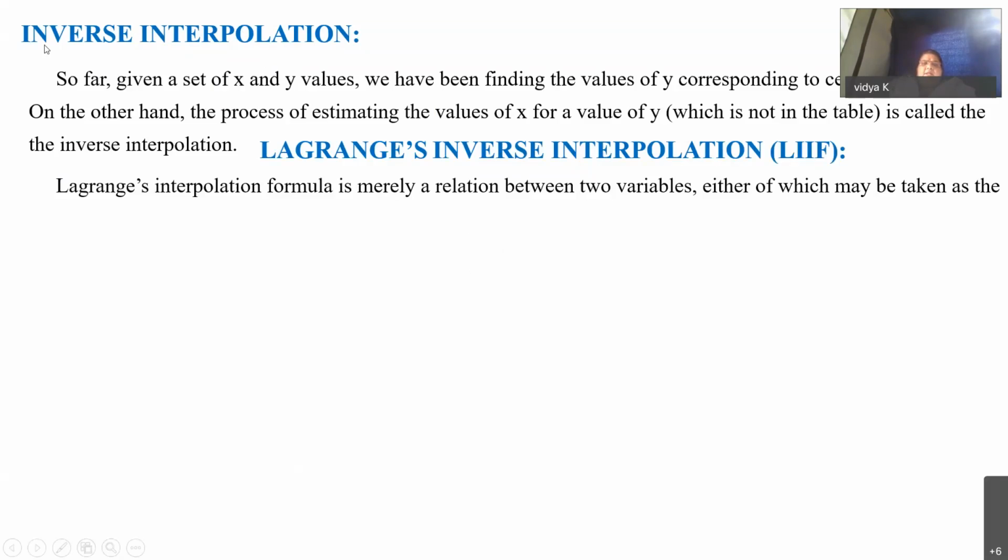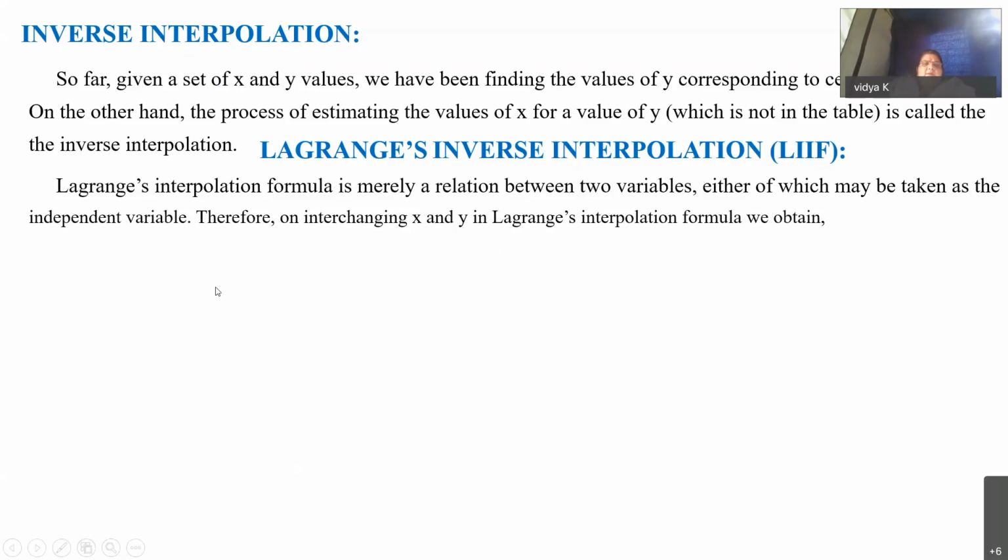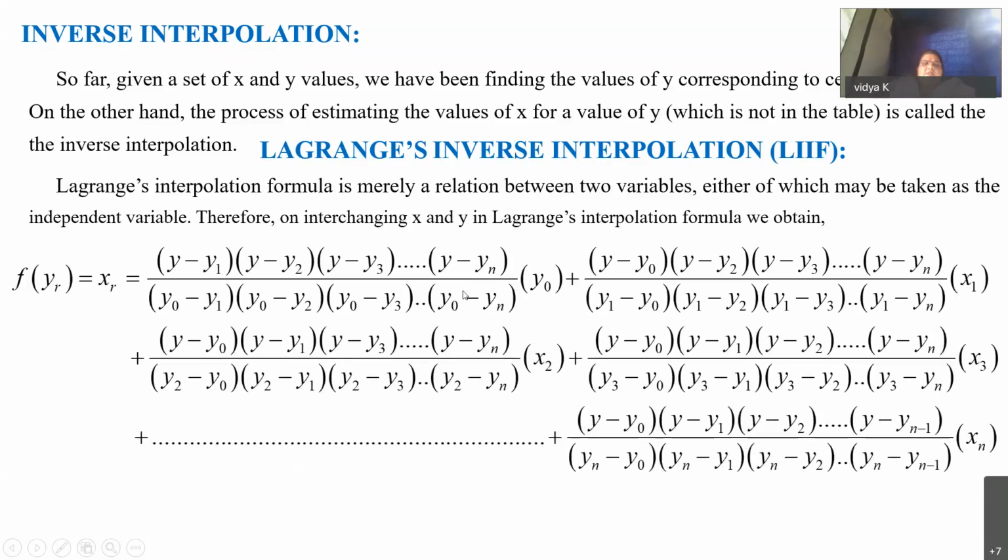So why do we prefer Lagrange's only? Because here x and y are an arbitrary representation. So by just interchanging x and y in the Lagrange's interpolation formula, you can do the inverse interpolation. See there. What is inverse interpolation? You are finding the functional value of y at r, that is, the x value at a certain value of y. So what we did, there you had x minus x1. Here it became y minus y1.